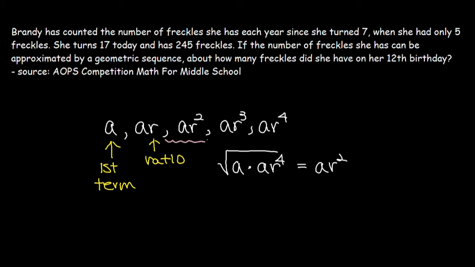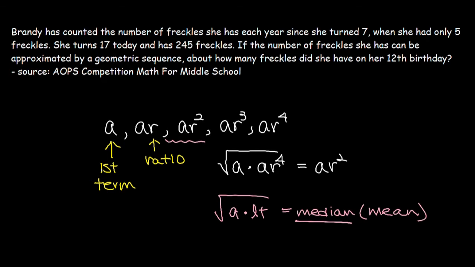So always remember that whenever you want to find the middle value or the mean of any geometric sequence, just get the root of the first term times the last term. And then you'll get the median or the geometric mean of any sequence.